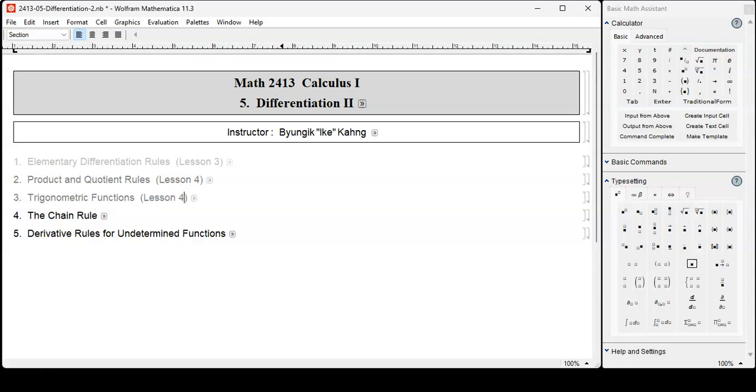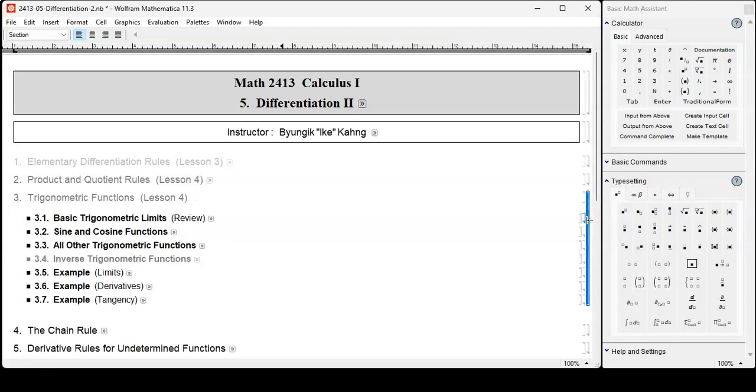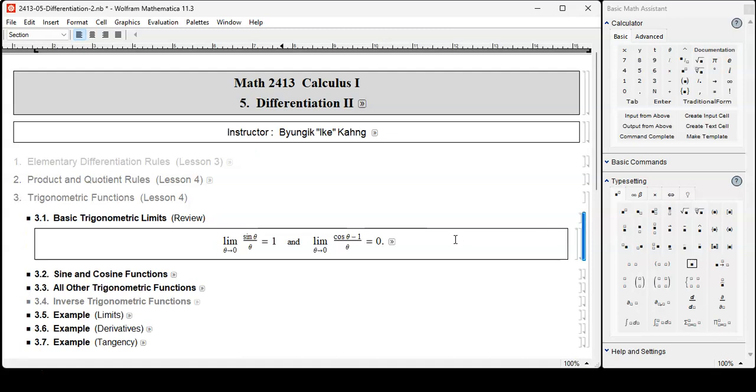Please recall trigonometric functions. We went through trigonometric functions in Lesson 4, and here are the trigonometric limits. The first one here is extremely important. Second one is important too, but the first one is far more useful in a lot of regards. And then we went through a lot of exercises utilizing this one.